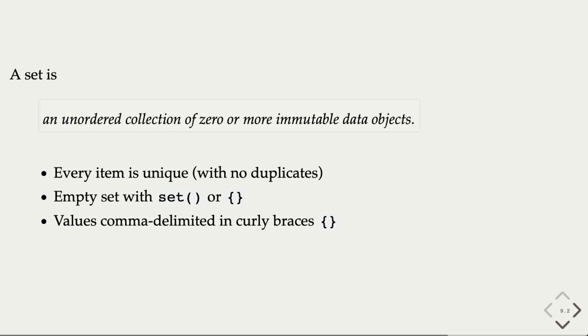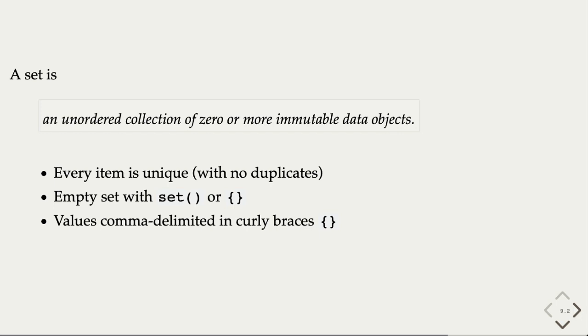A set is an unordered collection of 0 or more immutable data objects. Every item is unique in a set. So that means there's no duplicate. An empty set can be created using the set constructor or a pair of empty curly braces.